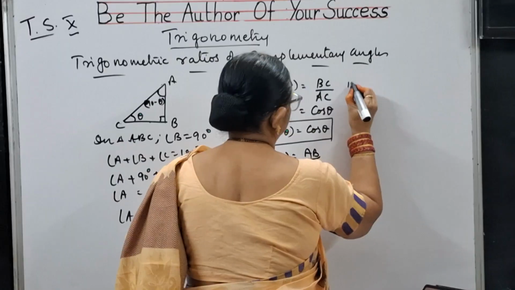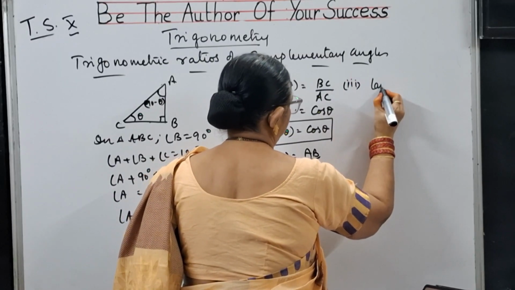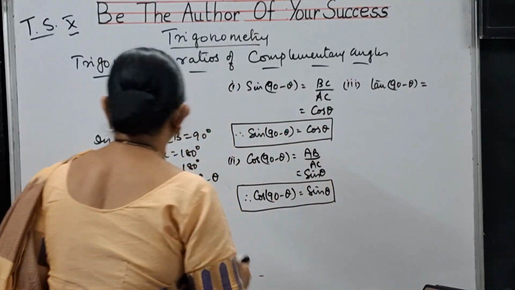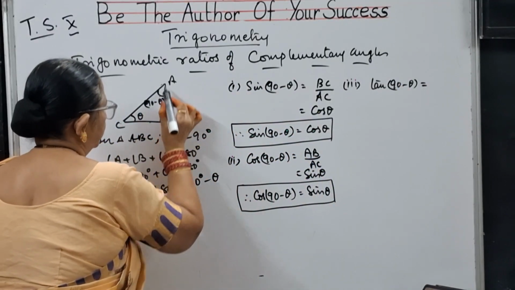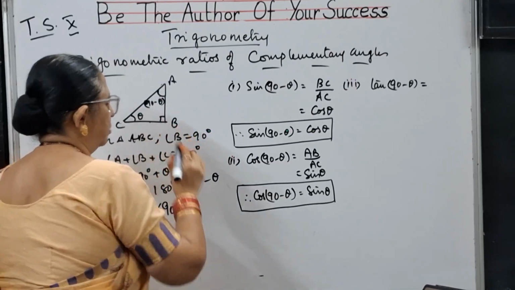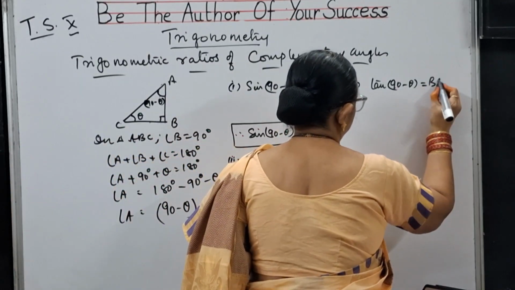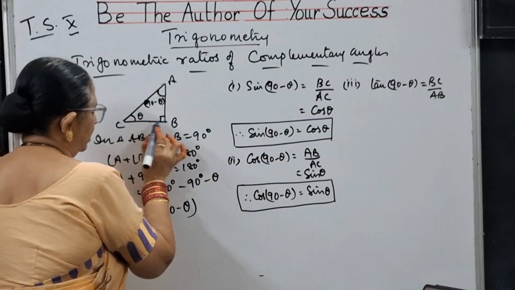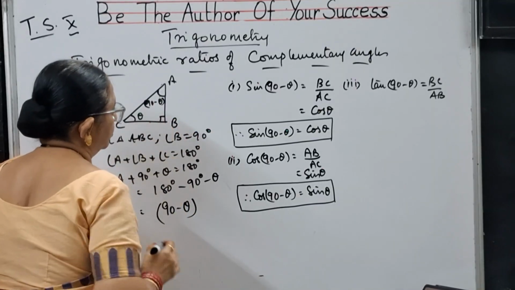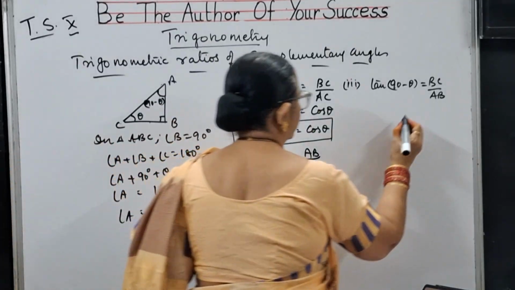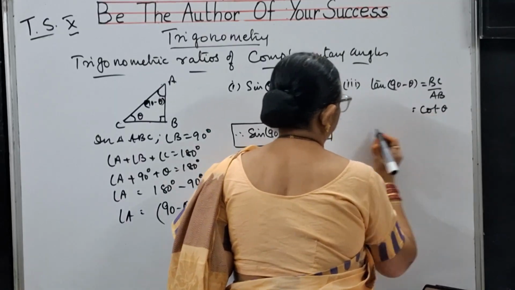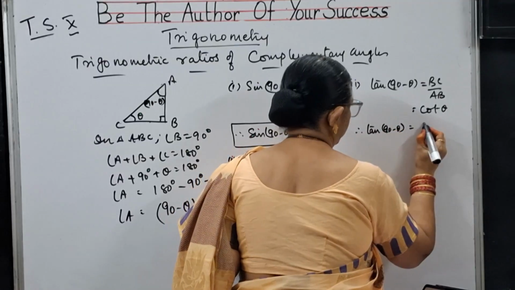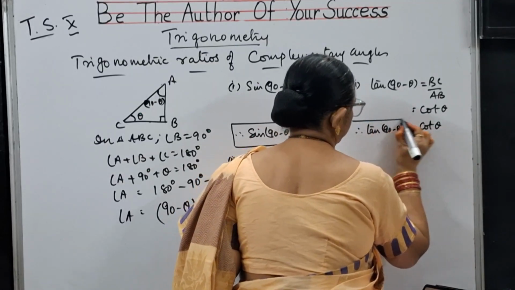Now, let us take the third one. Tan 90 minus theta is equal to opposite side by adjacent side, that is BC by AB. So BC by AB in terms of theta, adjacent side by opposite side, is nothing but cot theta. Therefore, tan 90 minus theta is equal to cot theta.